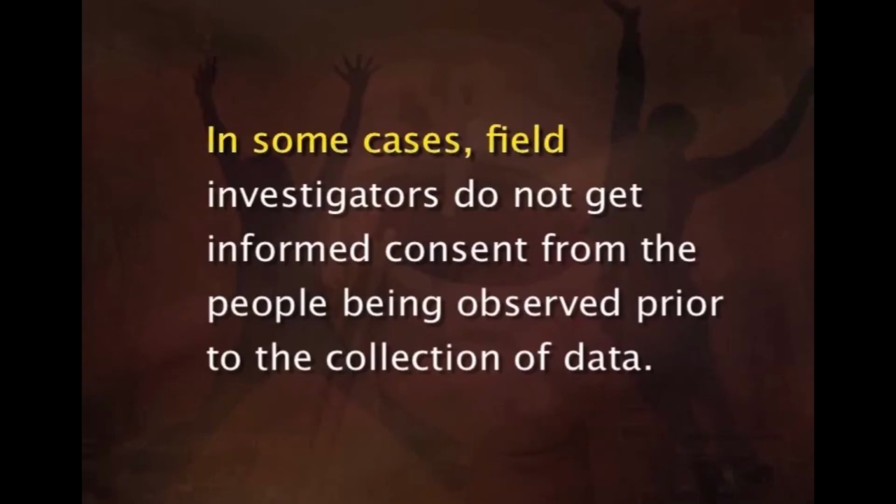Furthermore, the validity of the observations may depend on the identities that the investigators publicly project while making their observations. Validity may be destroyed if the researchers have been operating covertly and the subjects suddenly discover that they are being observed. In some cases, field investigators do not get informed consent from the people being observed prior to the collection of data.